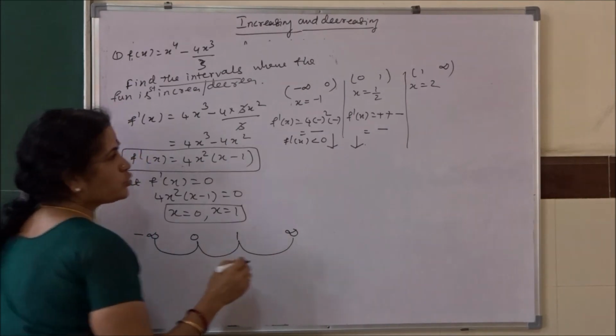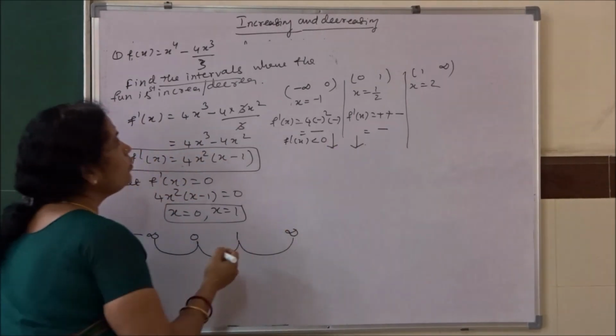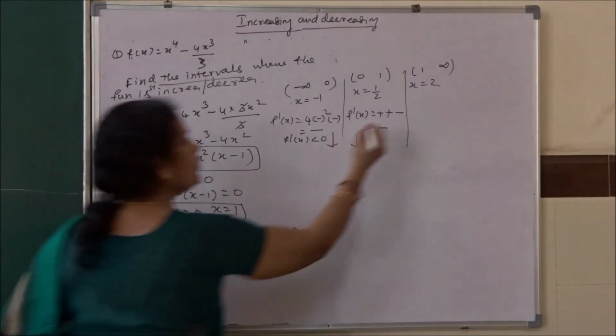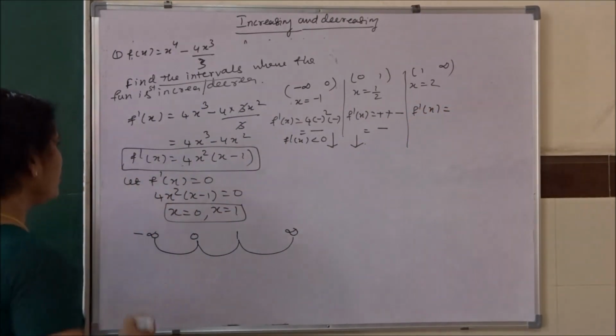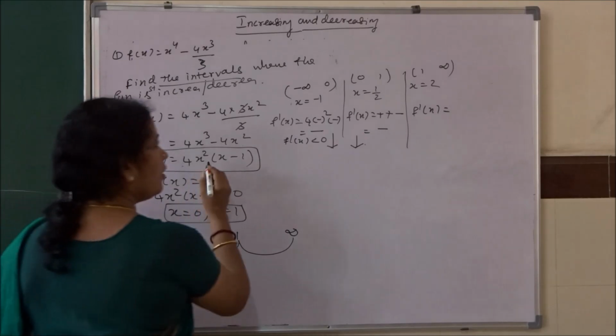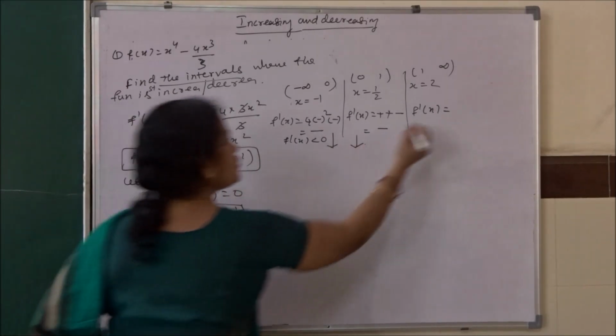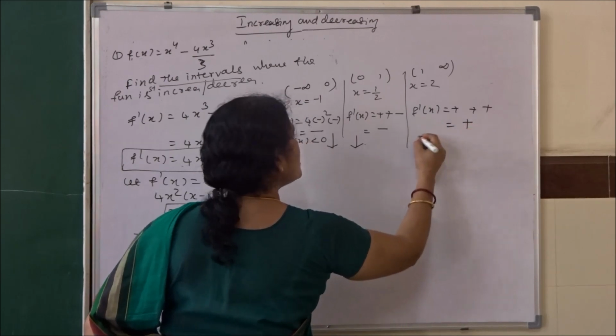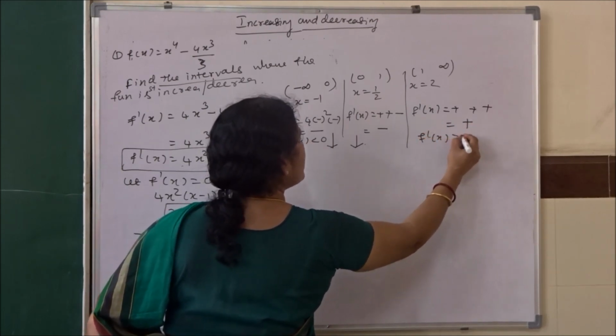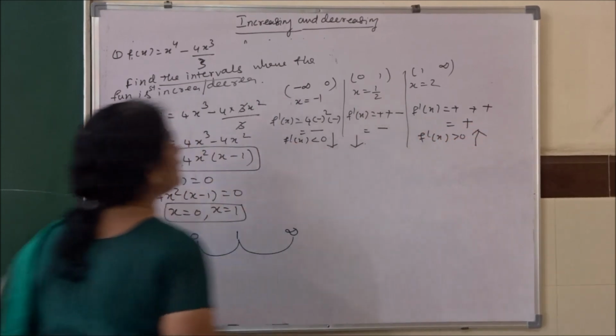Now the next one, x is equal to 2: the first one is positive, next one is positive, third one is positive, this is also positive, that means f dash of x is greater than 0, so we are getting increasing.